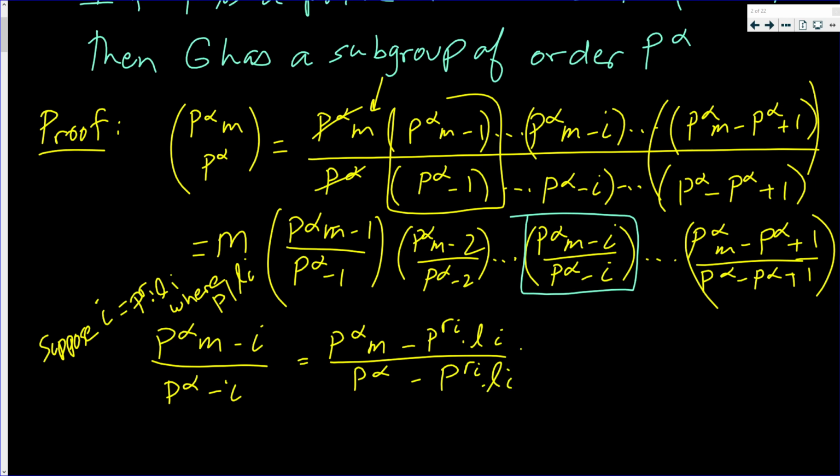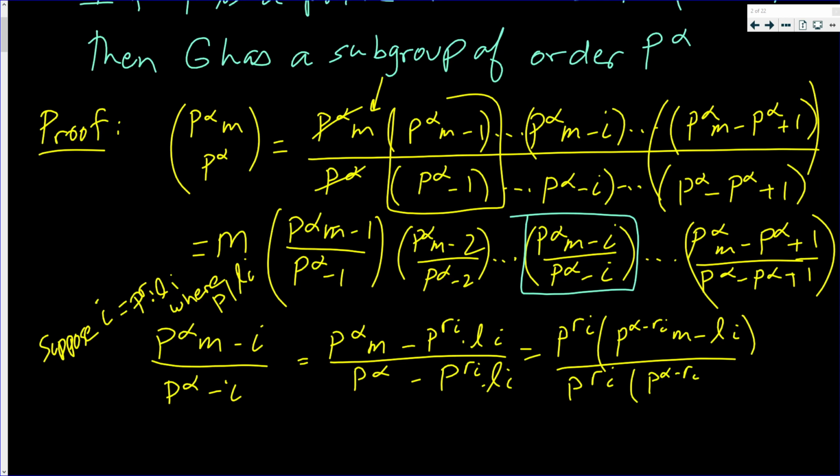Well, in the numerator, we can factor out p to the r sub i. And we'll be left with p to the alpha minus r sub i times m minus l sub i. And in the bottom, we can factor out the same number of factors of p. And we'll be left with p to the alpha minus r sub i minus l sub i.